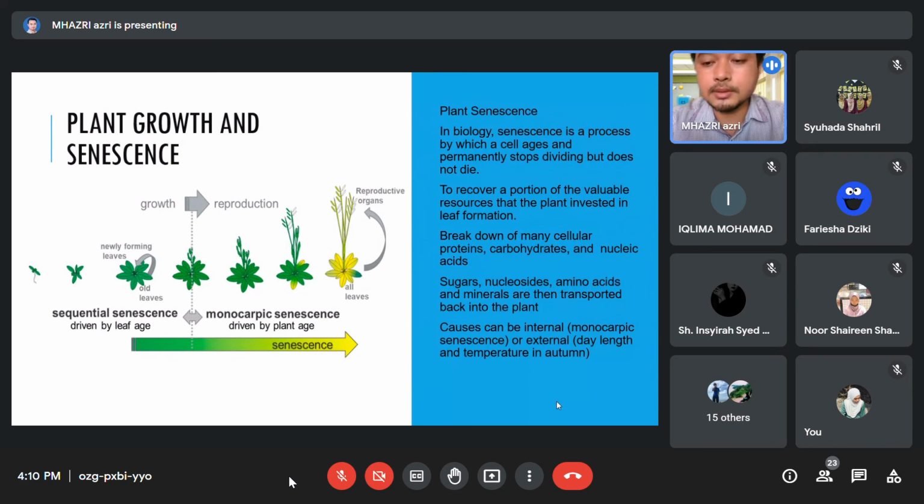Okay, for example, dekat daun yang dah tua, the plant takes the chlorophyll in that leaf and breaks down that chlorophyll into elements, nitrogen, magnesium, carbon, and translocates those elements to newly formed organs.